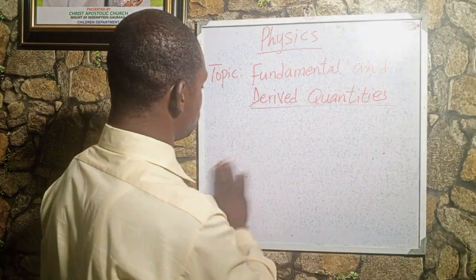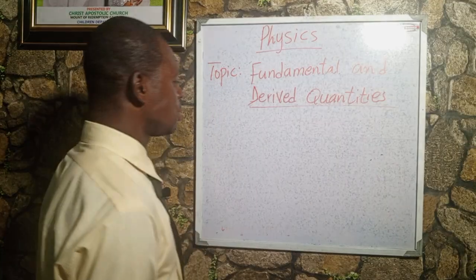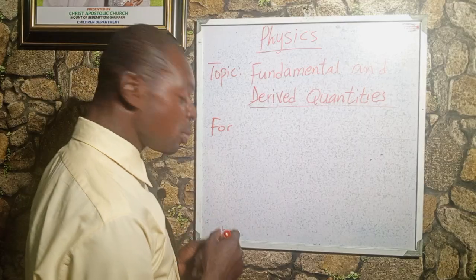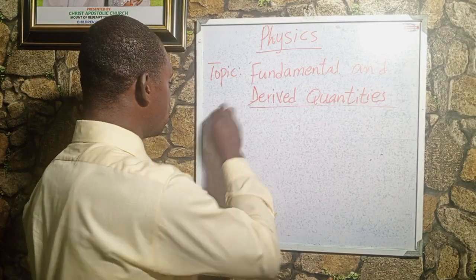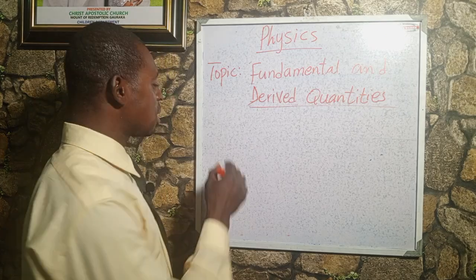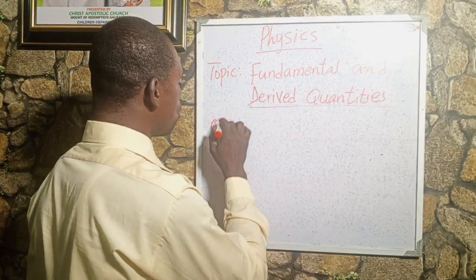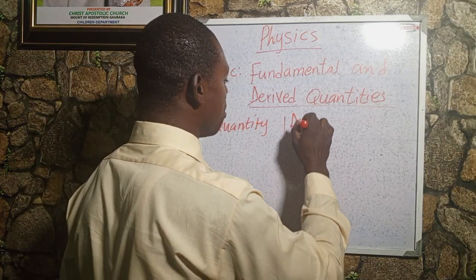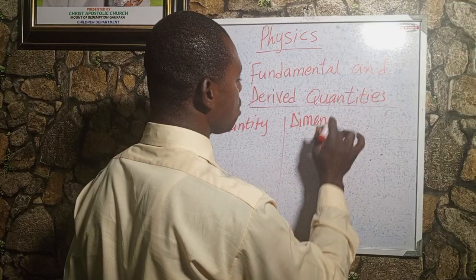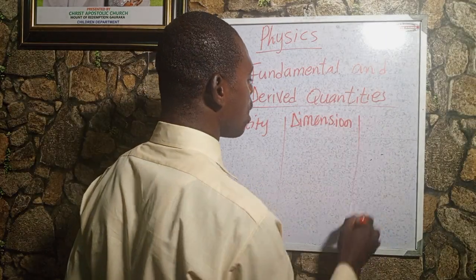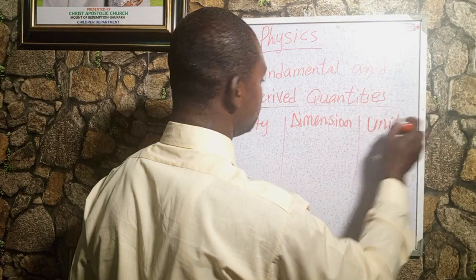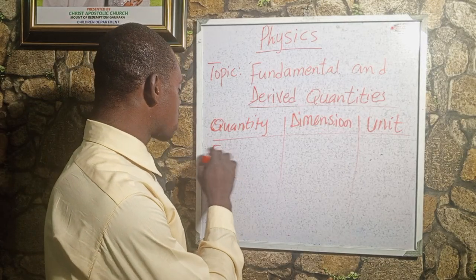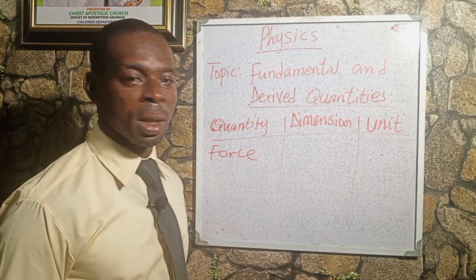Examples of derived quantities. Let's quickly put it in tabular form for better understanding. Let's have the quantity, then their dimension, and the units. The first one, let's look at force.